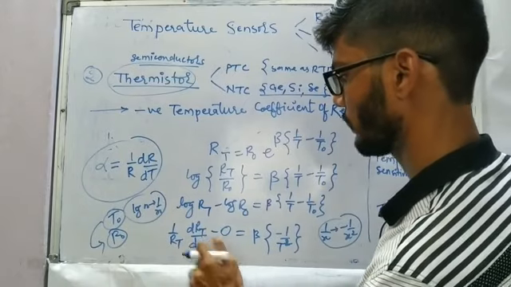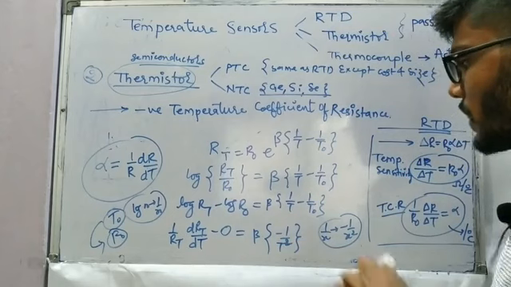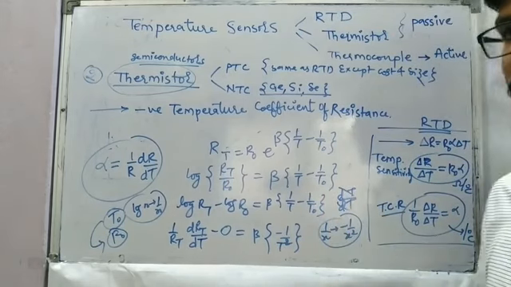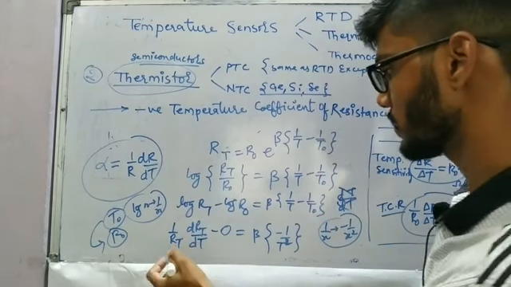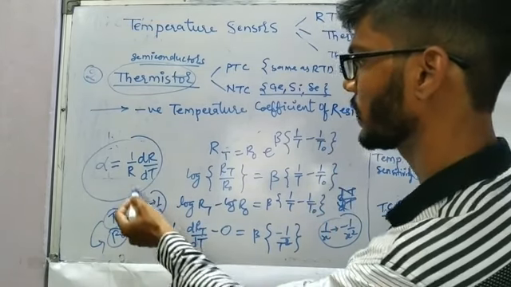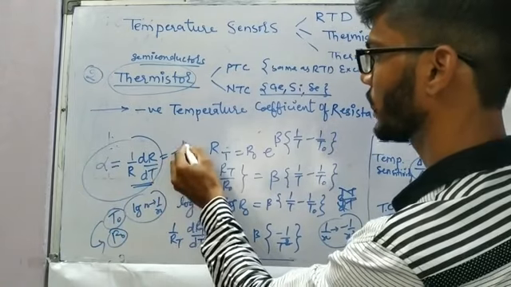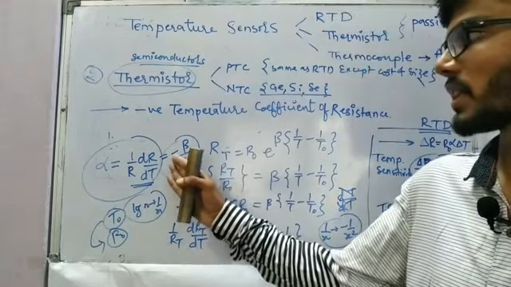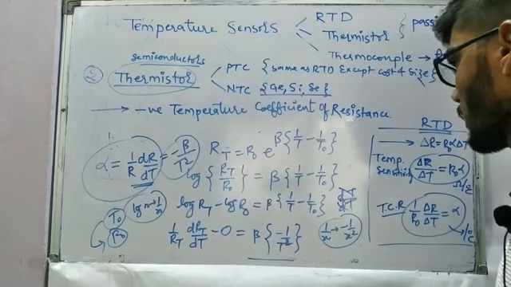So this is going to come as minus 1 by T square and dT by dT. So dT is going to cancel, because we are differentiating with respect to temperature only. So we can see here 1 by R dR by dT, this term coming here. So this will be minus beta by T square. We can see the negative sign is coming, because thermistor has a negative temperature coefficient of resistance.